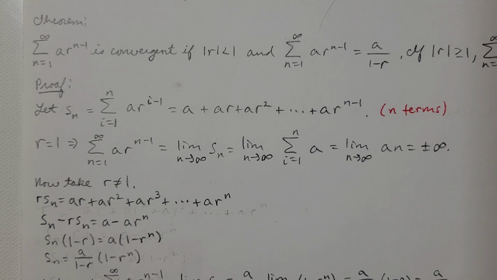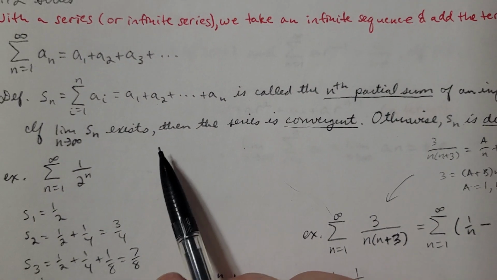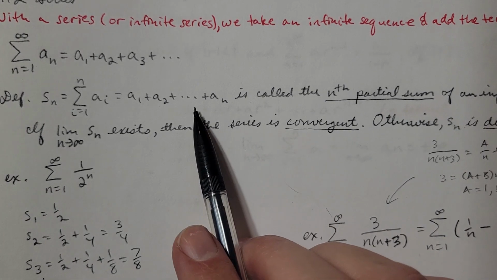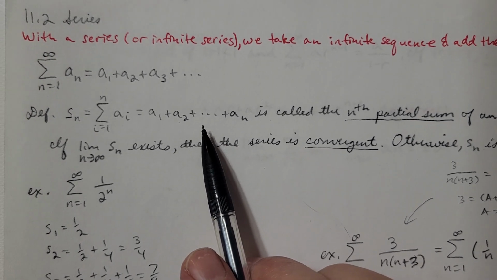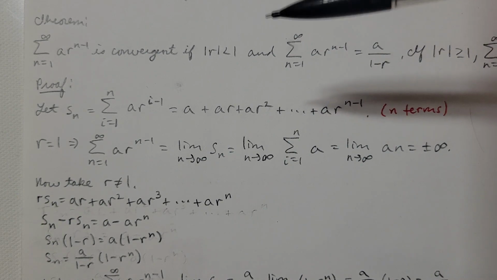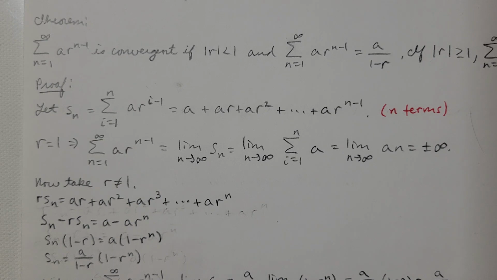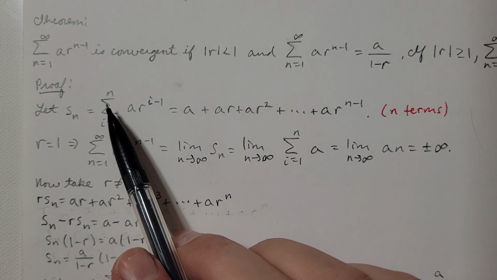So let's let S sub n be the nth partial sum. Okay, that was from the previous page there, 11.2. So I'm looking at the summation as i equals 1 to n of a times r to the i minus 1. Okay, now this is going to be a finite series because I'm ending at n.